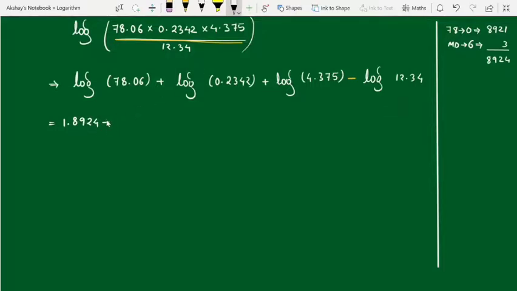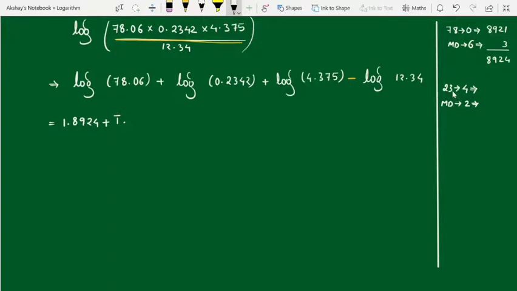Next, second term plus as it is. Next, here we have 0.2342. So the number is less than 1. Very good. So the characteristic will be identified like this: count the number of zeros after the decimal point. We won't have any zero. That means the characteristic will be 1 bar point. Okay. Next, in the log table, 23 under 4. You check the value, how much you are getting, and the mean difference value you just go through it, 2.